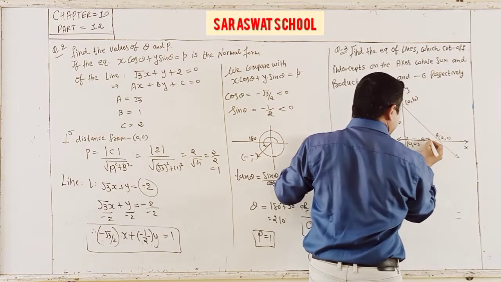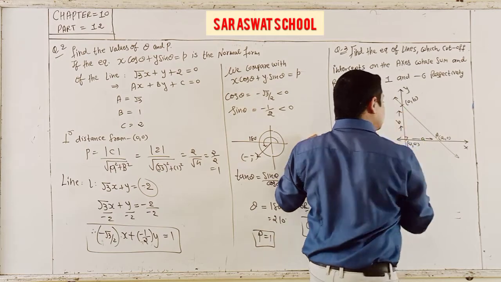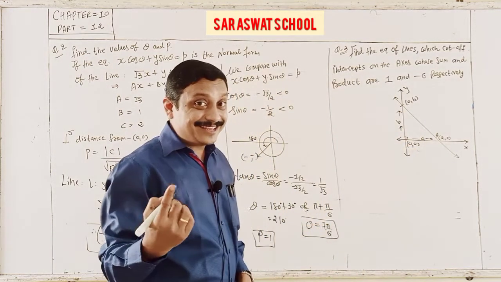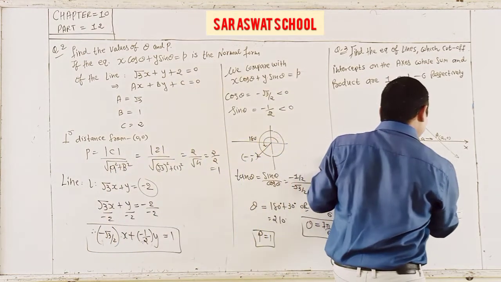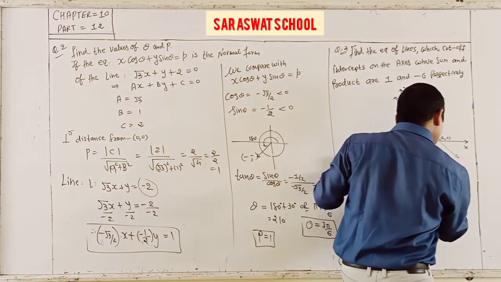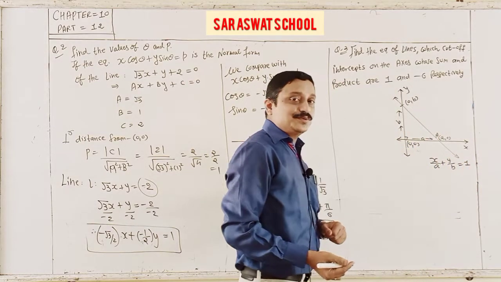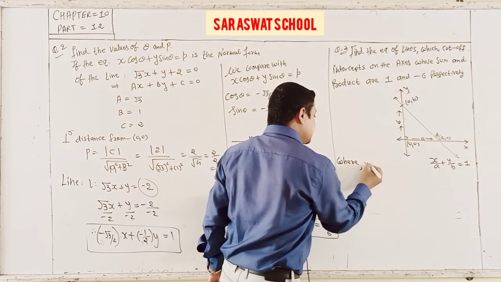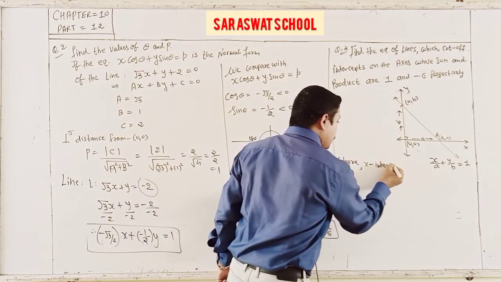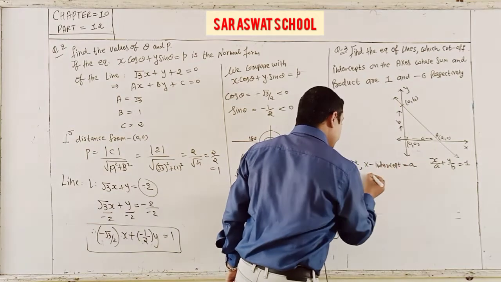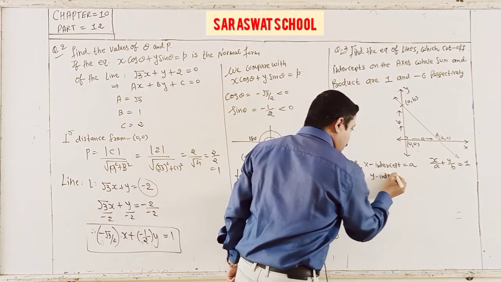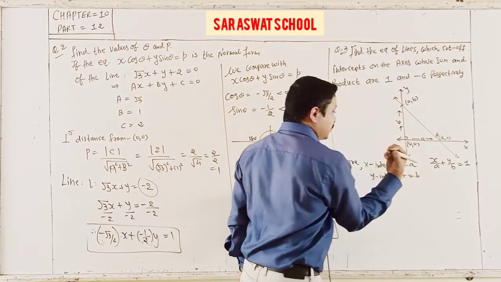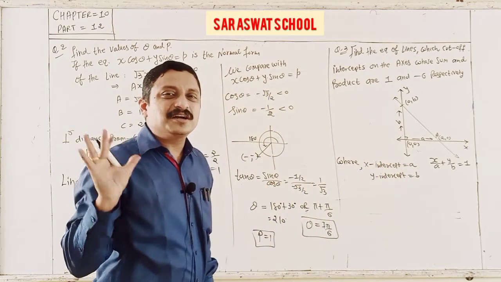That distance travelled is a, the distance travelled is b, and the line is x by a plus y by b is equal to 1, where a is the x intercept and b is the y intercept. That is a standard rule.